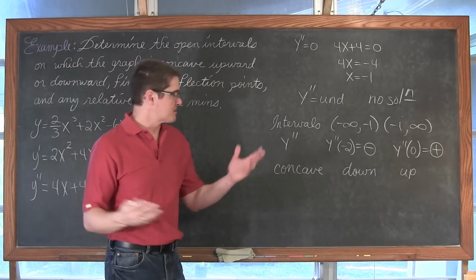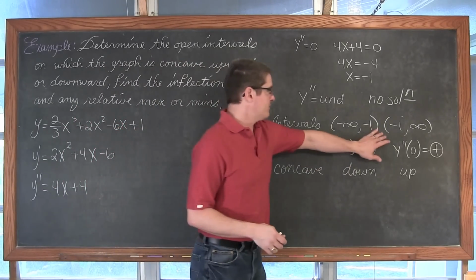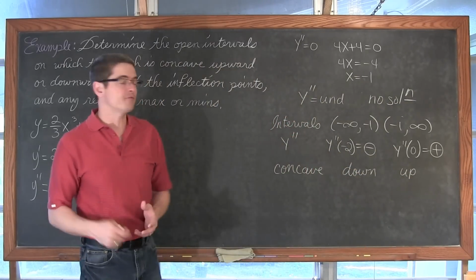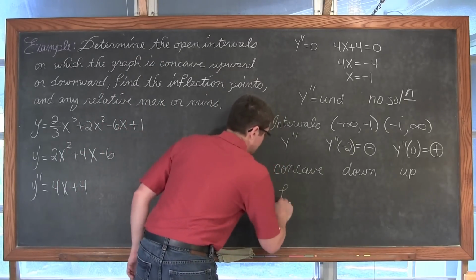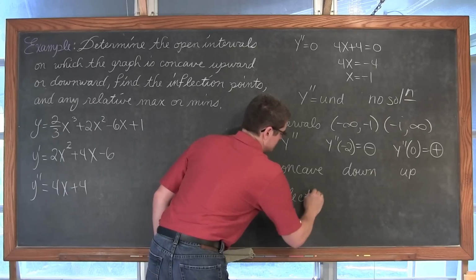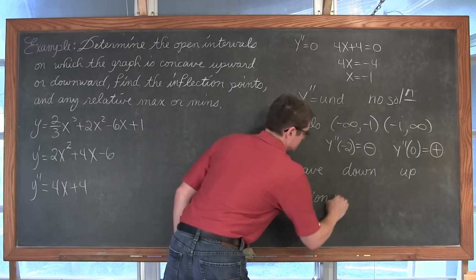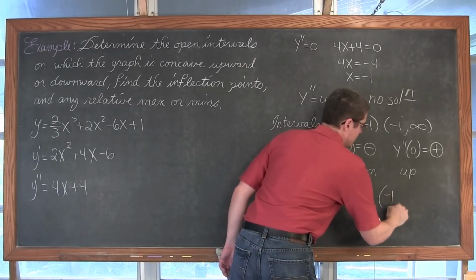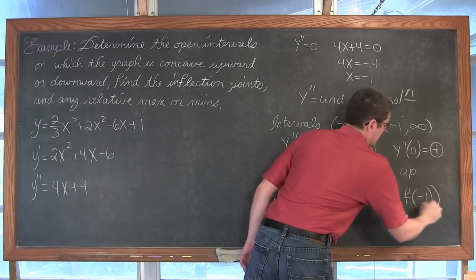Now, at the value of negative 1, my function, which I know is defined at negative 1 because it's defined everywhere, goes from being concave down to concave up. That means I have an inflection point. So my inflection point is going to be negative 1, comma, f of negative 1.